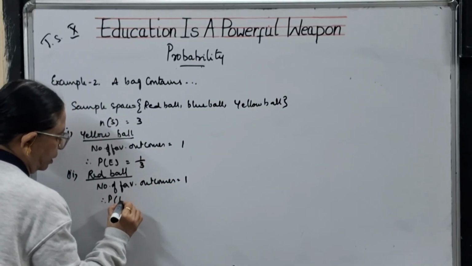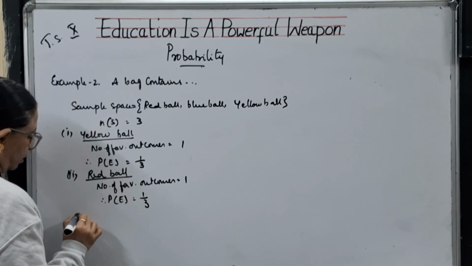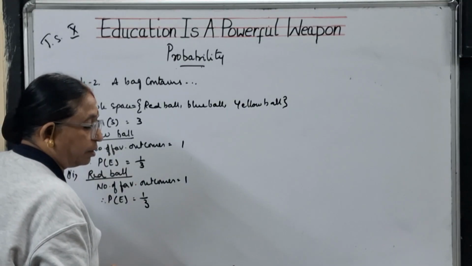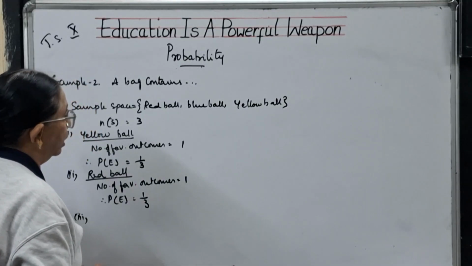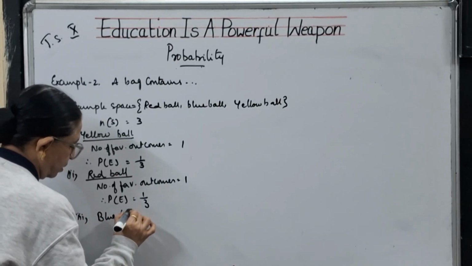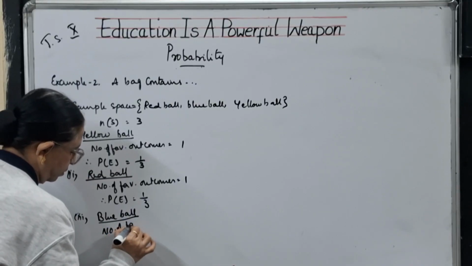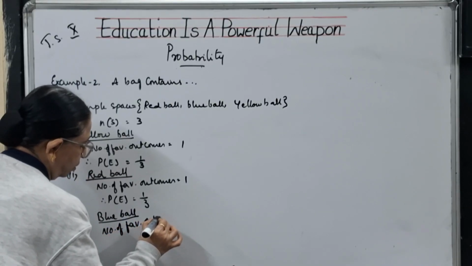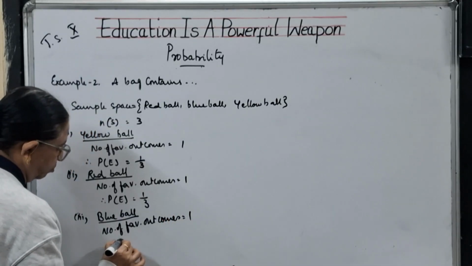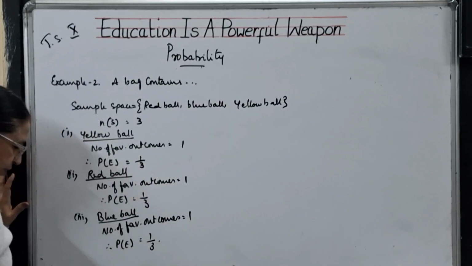Therefore, P of E is also 1 by 3. Third one, you have to talk about the blue ball. Here also, the number of favorable outcomes is 1. Therefore, P of E is equal to 1 by 3.